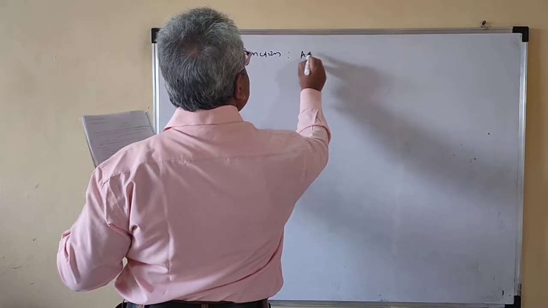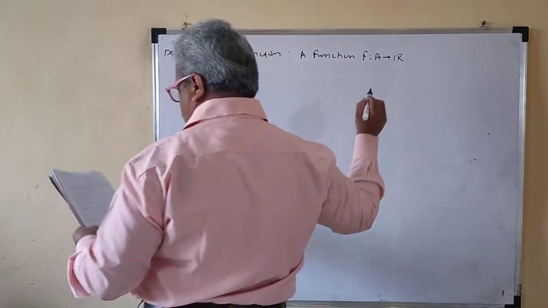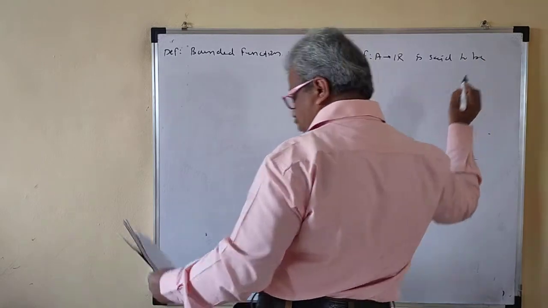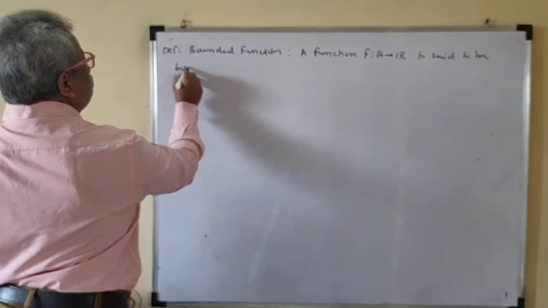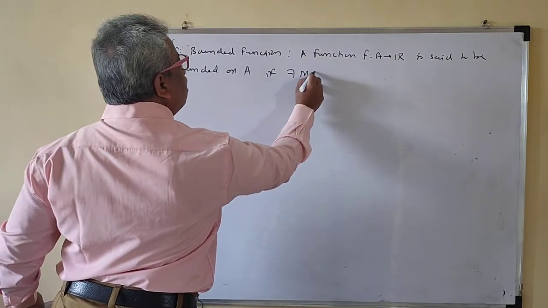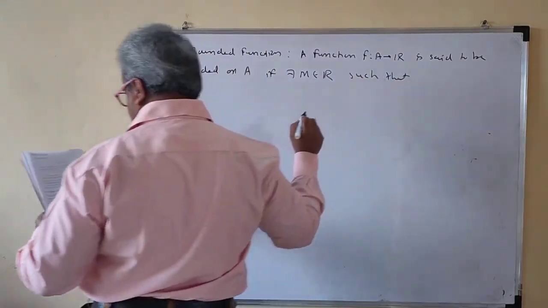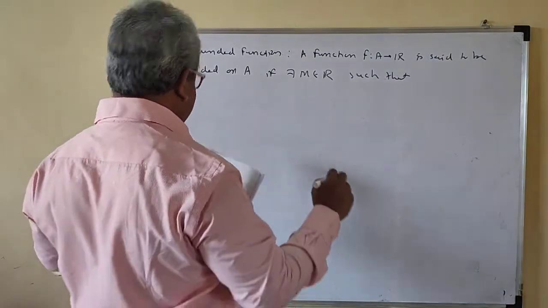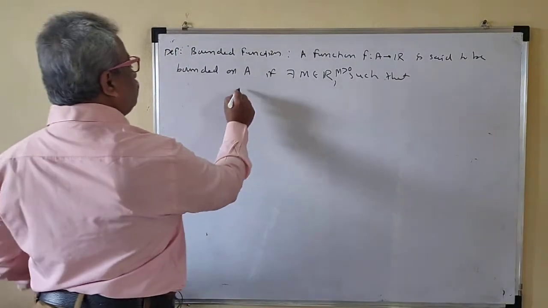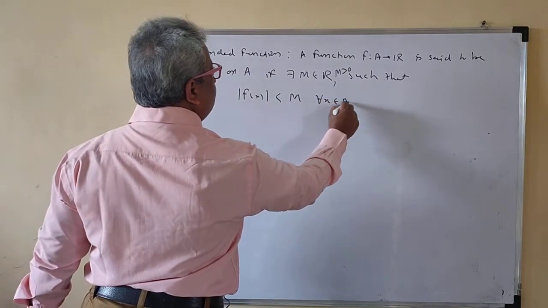A function f from A to R is said to be bounded on A if there exists M belongs to R, M greater than 0, such that mod of f(x) is less than M for all x belongs to A.